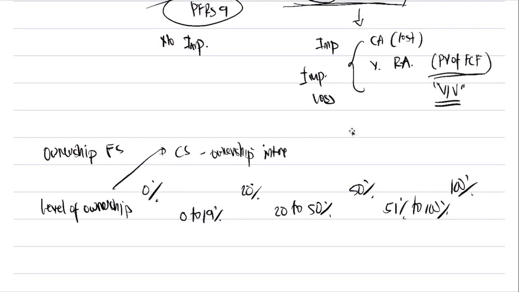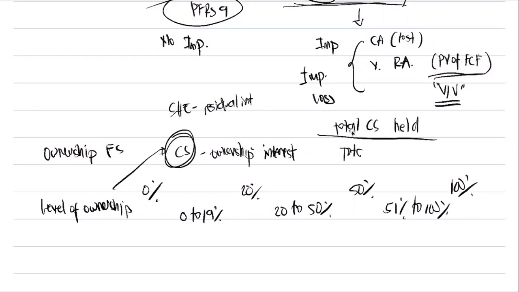Remember, it is defined as your residual interest over the assets of the business. And this residual interest vests upon your common stock. So to compute for your common stock ownership interest, you get the total common stock held divided by total outstanding common stock multiplied by 100% to compute for the level of ownership or percentage of interest.